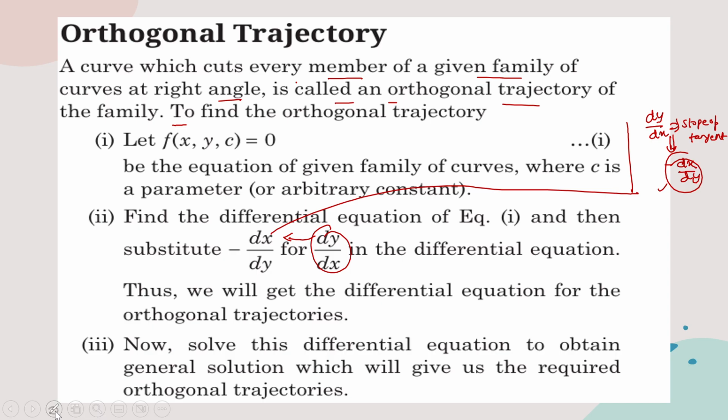So in order to find the curve which is perpendicular to the given curve, you are actually finding the curve which passes along the normal of that. We call that the orthogonal trajectories. So after replacing this, we get the differential equation of the orthogonal trajectories, and now solve that differential equation and you will get the equation of the curve. So it is like a reverse procedure. Don't worry, we will understand from a question.